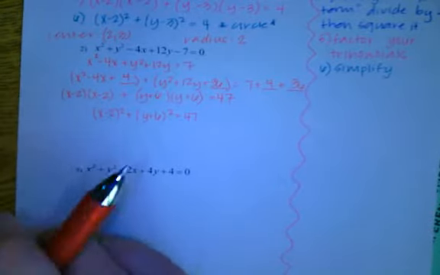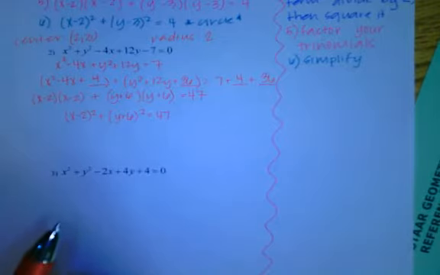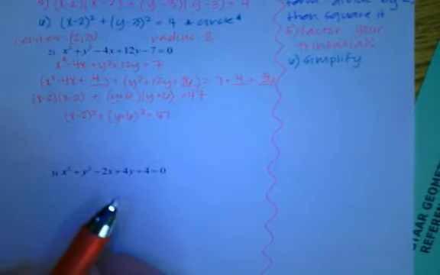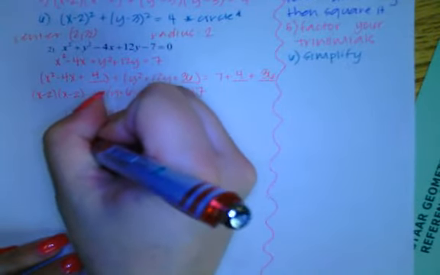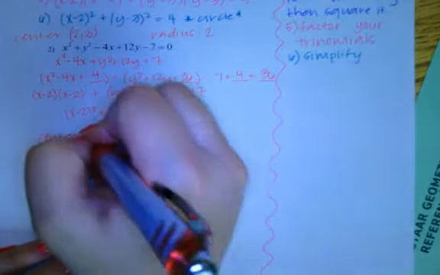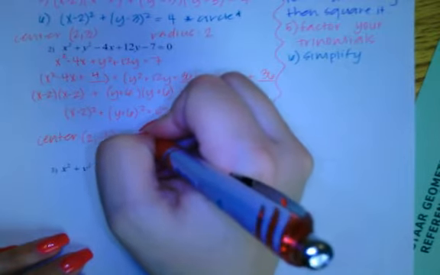What's your center? 2, -6, very good. And what is your radius? Square root of 47.